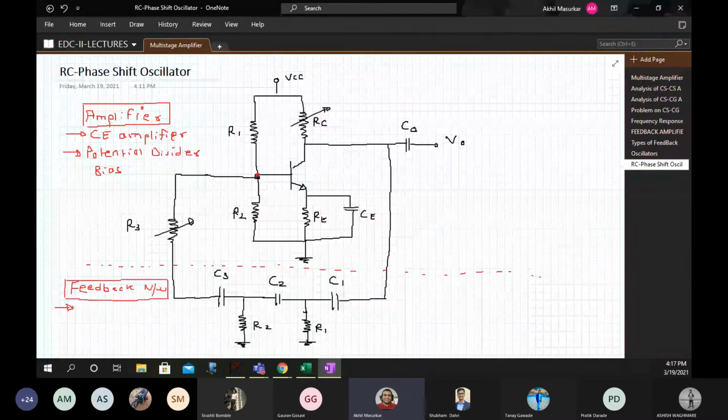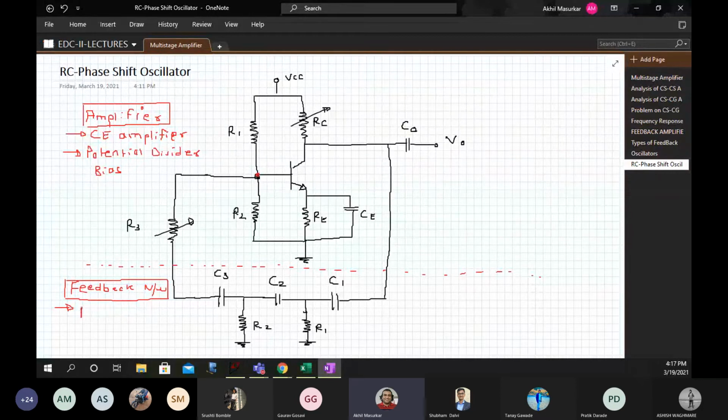Here the feedback network consists of an RC network. How many RC networks can you see? Three: C1, R1, C2, R2 and C3, R3. So there are three networks, and each network gives a phase shift of 60 degrees.